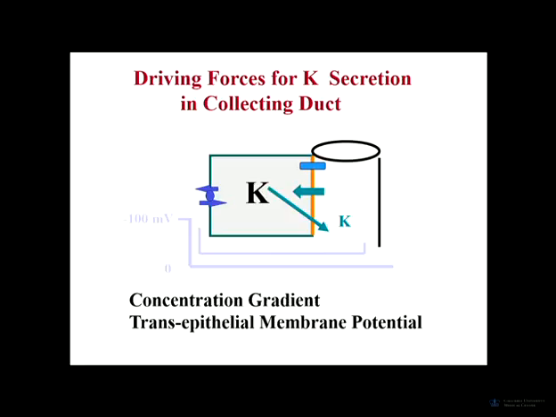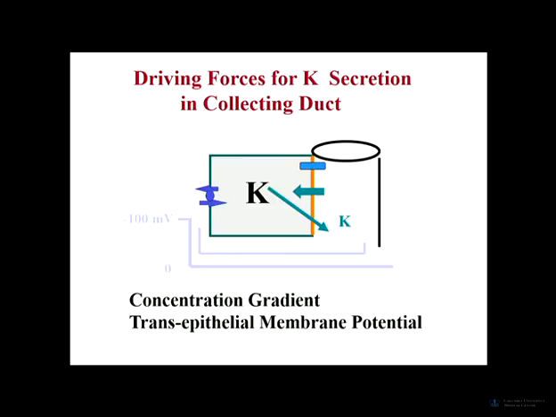And therefore, there is a big gradient for secretion of potassium. But of course, if there is no open potassium channel, you won't secrete any potassium. So we need a potassium channel to have this gradient act on it.